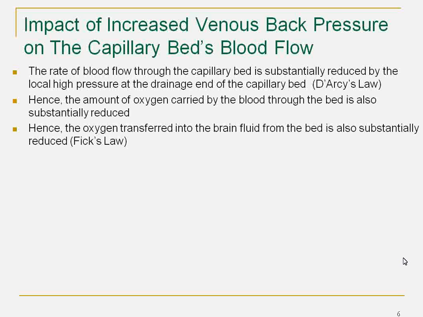If the oxygen amount in the brain blood vessels is reduced, that means the amount that can transfer into the cerebral fluid, or the brain fluid, from that bed is also substantially reduced. And there is another law or principle that comes from cardiovascular physiology called Fick's law.